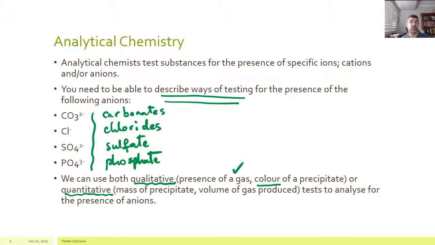But we can also do quantitative ones, and in fact one of these videos will look at a quantitative analysis, a gravimetric analysis based on the sulfate content in a fertilizer. So when we're doing quantitative data, we're looking at, say, the mass of a precipitate, or maybe we're trying to measure the volume of gas produced, and so on. So let's have a look at some of these tests.